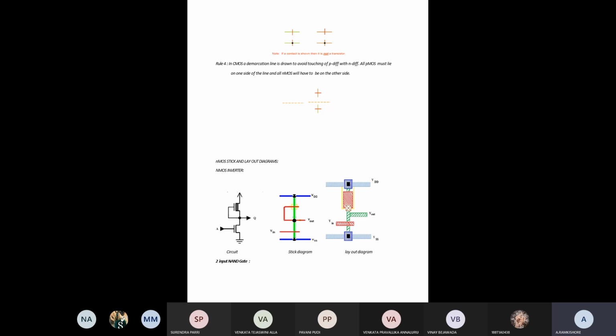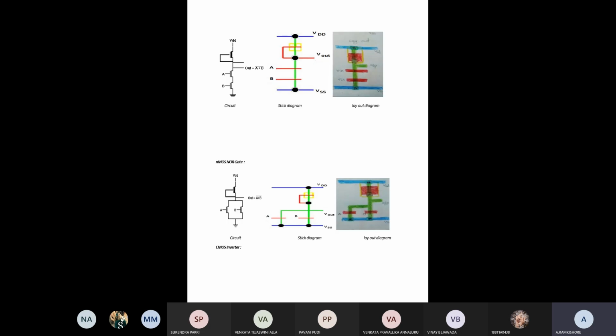After drawing that circuit, we have to draw a stick diagram and the layout diagram. In the next class, we will see how to represent a simple NMOS NOR gate or NMOS NAND gate with stick and layout diagrams.